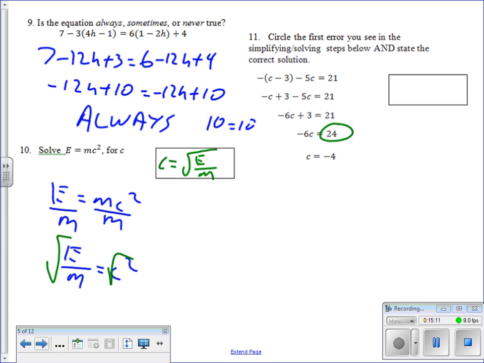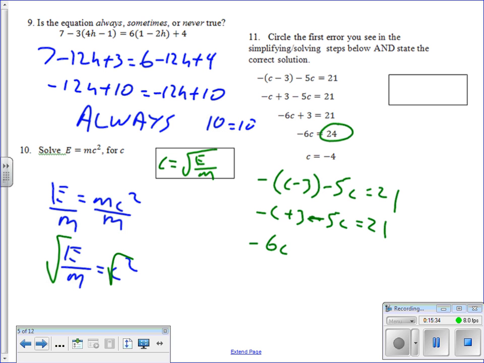And if you're not sure where the first mistake is, here's what you do. Work the problem out. So I have negative c minus 3 minus 5c equals 21. Distribute: negative c plus 3, minus 5c equals 21.